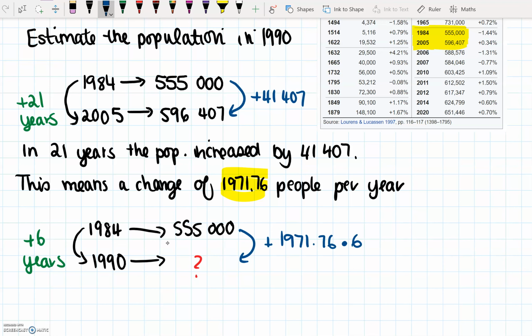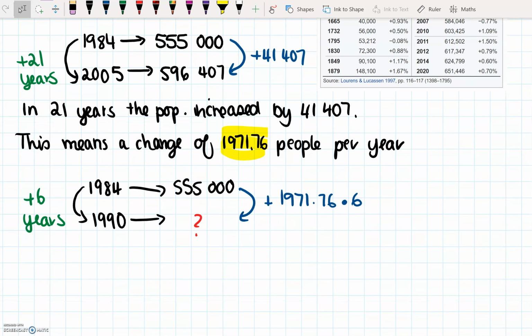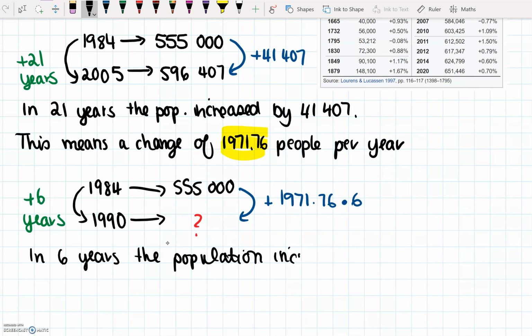So if we times 6 by that original number, we get a change of, in 6 years, the population increased by approximately, so remember this is an estimate, 11,831, okay, because we're rounding up there. Now this is what happened in 6 years.